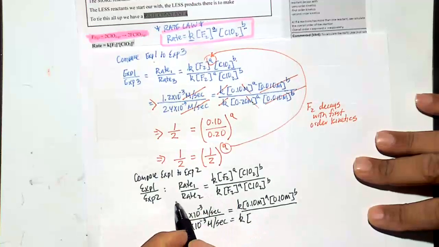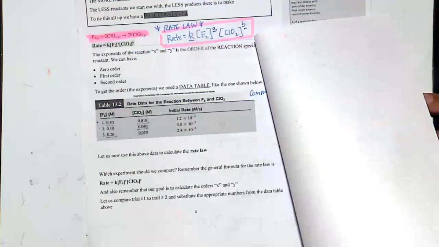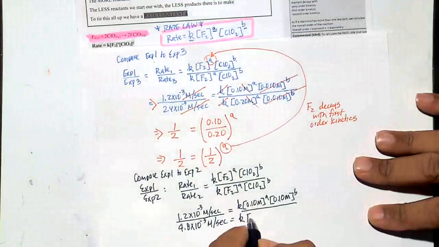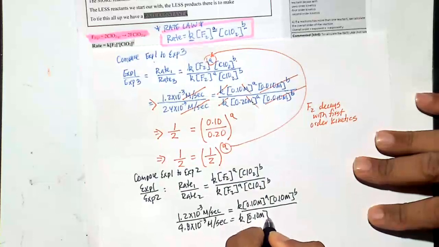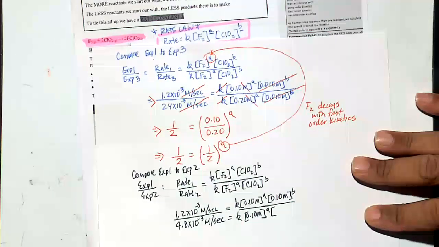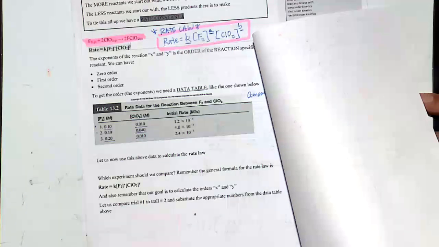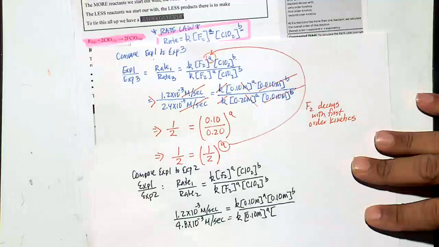Okay, K. What is F2 for experiment 2? 0.10. What is ClO2 for experiment 2? What is its concentration? 0.040.